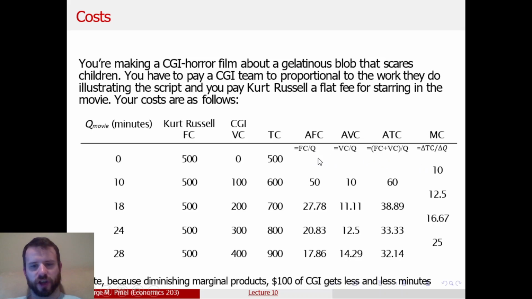So here are the simple equations for the different variables, and here are their rates. So that's basically the different types of costs that you incur. And you'll see why they're important, particularly if you've read ahead in the textbook.